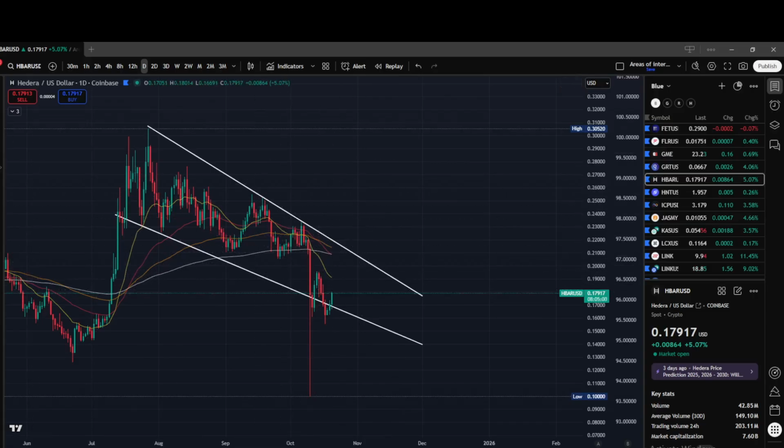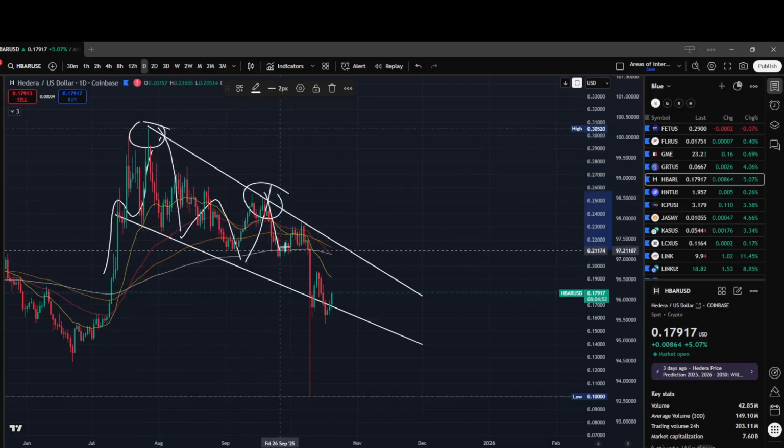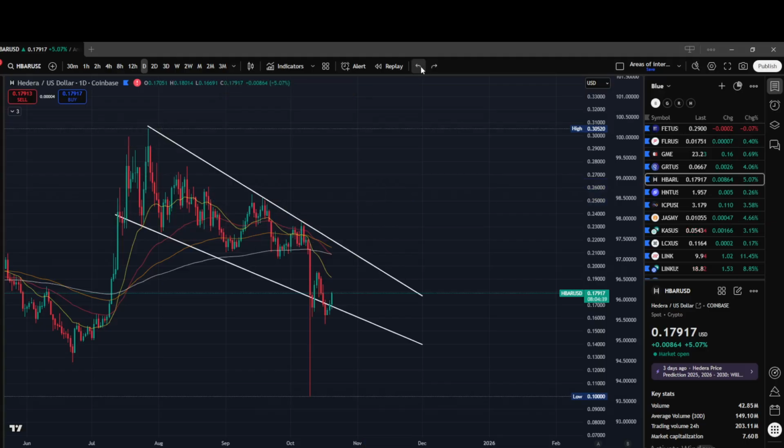You break out, backtest and go, so you've got 1 touch point, come down, you've got 2, you've got 3. Typically on the 4th one, you break out. Typically you do.